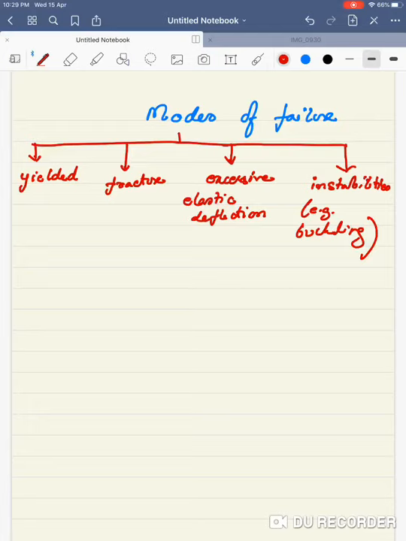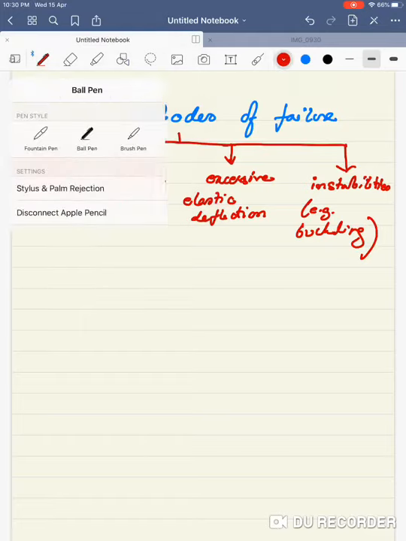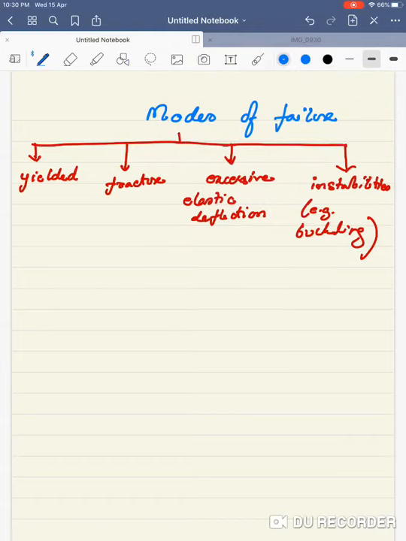So these are the different modes of failure, and whenever we are talking of failure, the first two are the important ones, the yielding behavior and the fracture. These are what we want to focus on. And when it comes to these two, it is important to specify the kind of material that is undergoing either yielding or fracture.